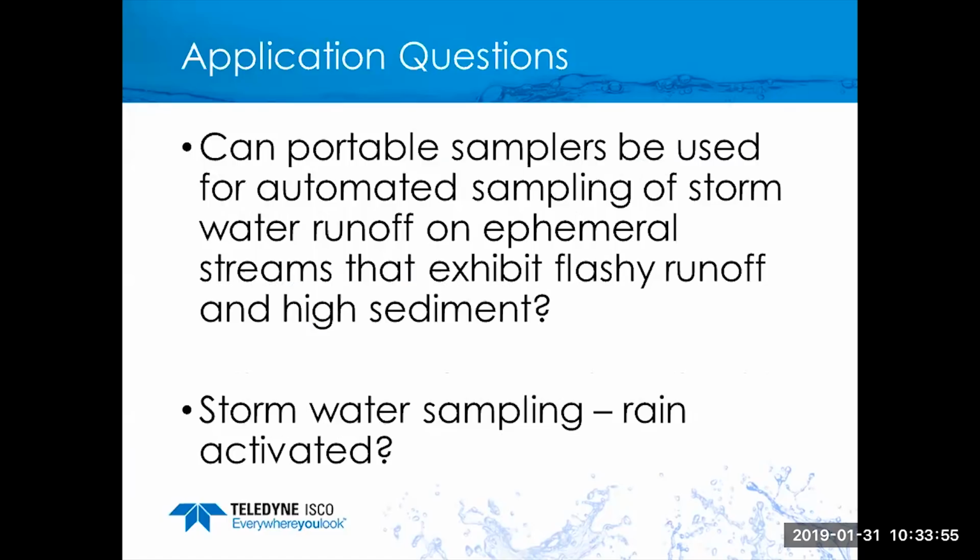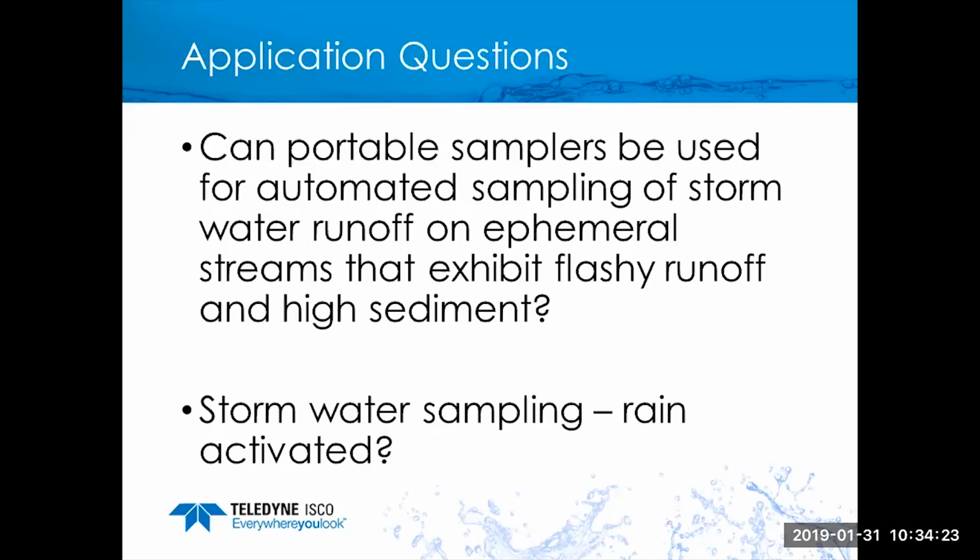Now, some samplers have this capability built in, and from an ISCO perspective, that would be a sampler like the 6712 or the Avalanche, where there is a rain gauge input, so that we can program the sampler directly to monitor that rain gauge, and when a sufficient amount of rainfall is detected within a certain duration, it can be used to trigger the sampler into operation.